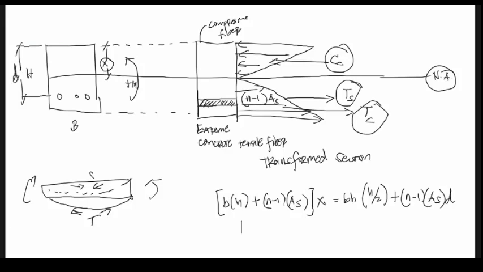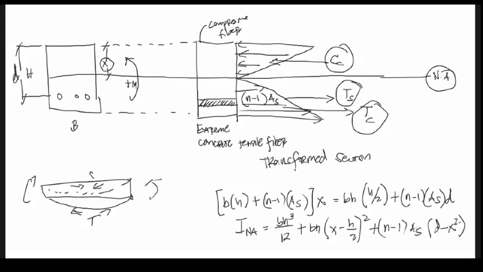Then, your moment of inertia about the NA axis or the neutral axis is equals to BH cubed over 12 plus BH quantity X minus H over 2 squared, plus yung steel naman ililipat din natin sa NA, (n-1) A_s quantity d minus X squared.